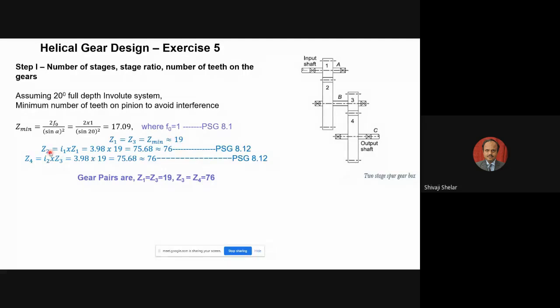Now to get the value of Z2, we have this calculation, 75.68, and Z4 also comes the same because of the same ratio, so 75.68. You have the option to select 75, or you can select 76. These options are available in the tables on page number 8.12. So let's go back to page number 8.12 and see how we have selected the gear pair here.